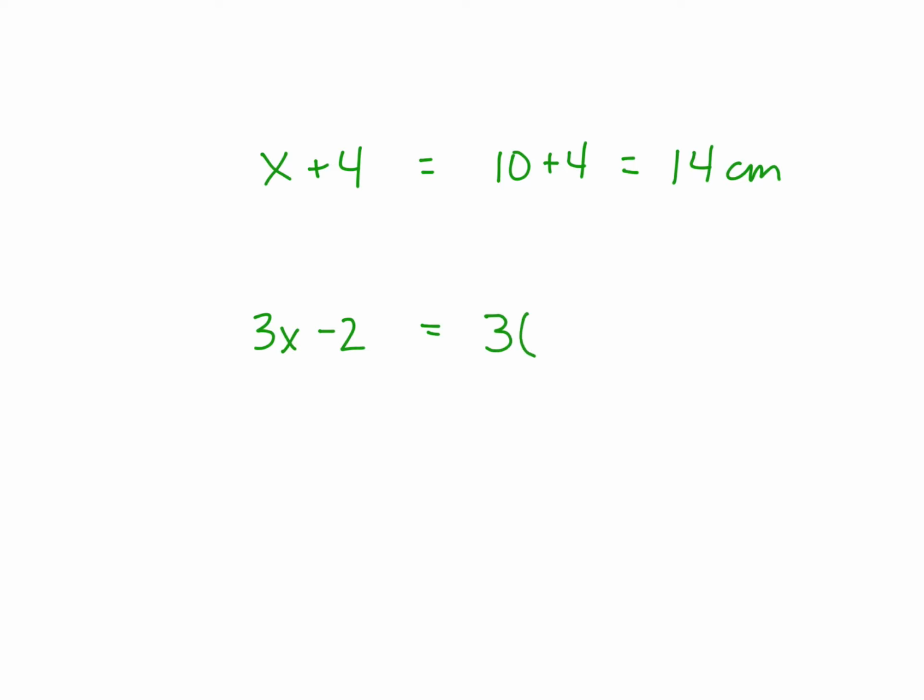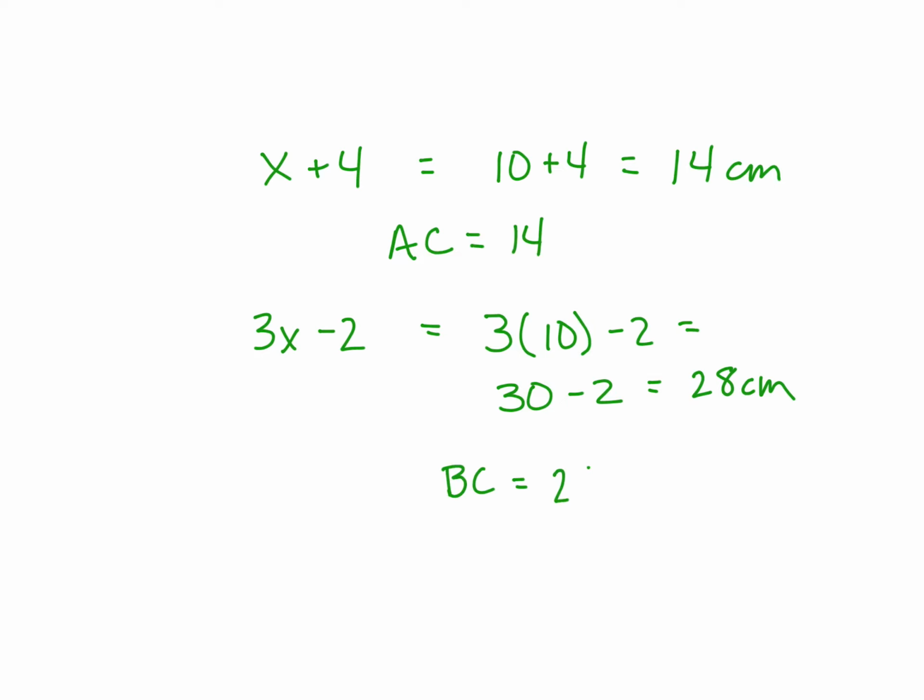In this one, I swap out that x with the 10 as well. That gives me 30 minus 2, which is equal to 28 centimeters. So we have AC equals 14 and BC equals 28.